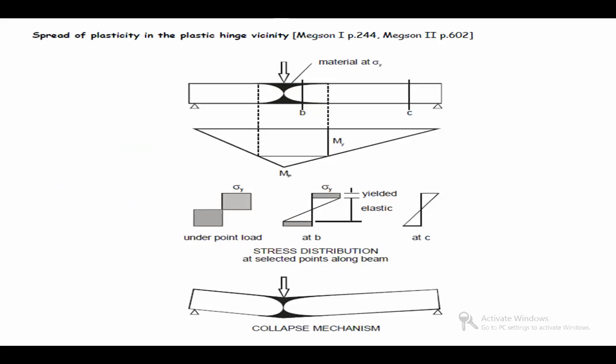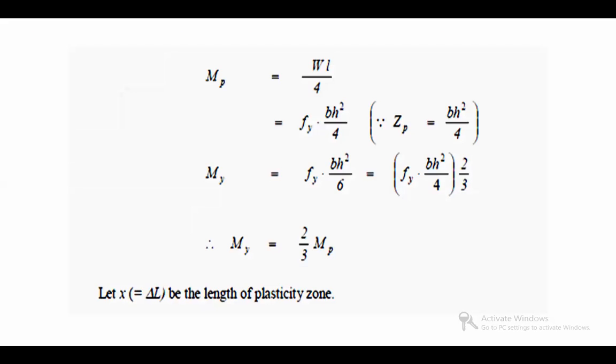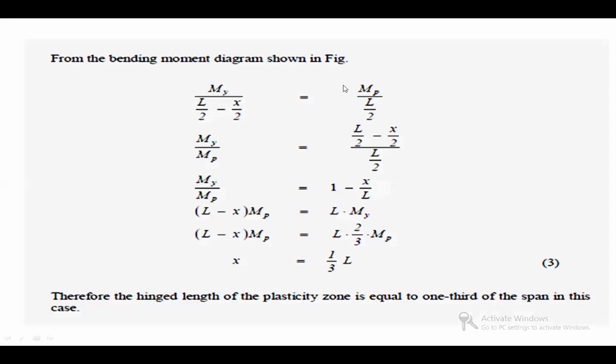Remember, for a simply supported beam, how much will this hinge length be? Suppose I am calling it X. So how much will be the length of the plastic hinge in case of a simply supported beam? So it is L by 3. What is X?